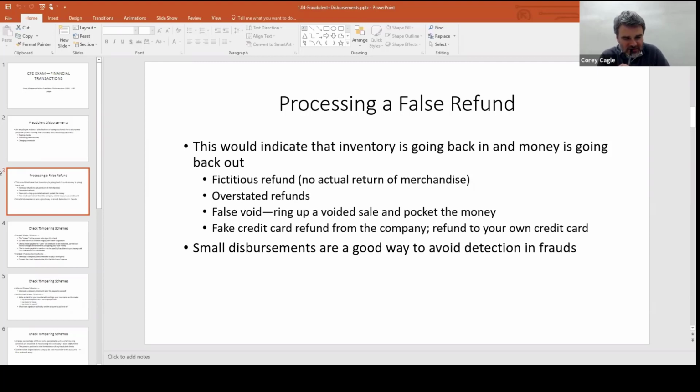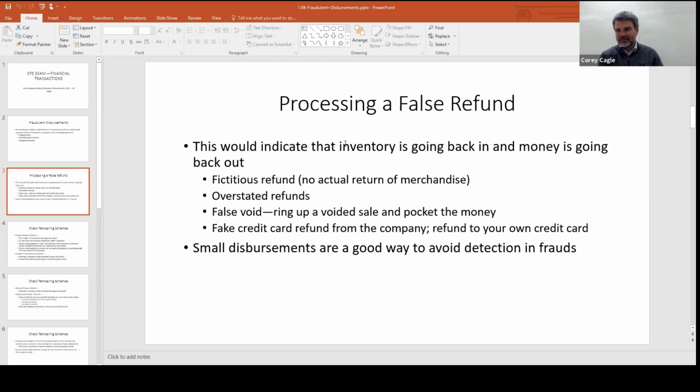The questions you would get from this would often be something about inventory, kind of like with the whole inventory shrinkage thing.